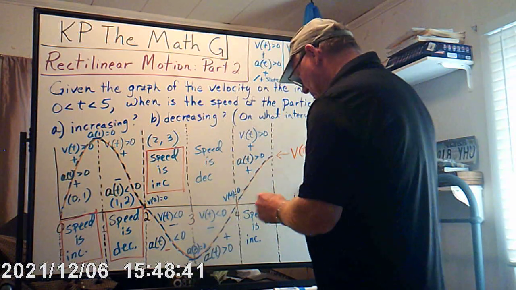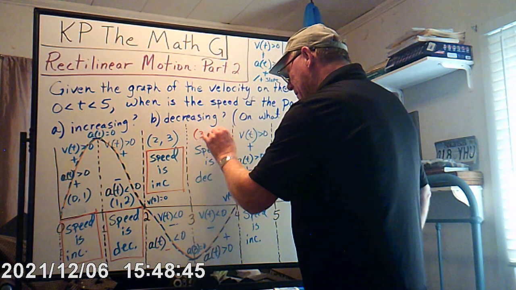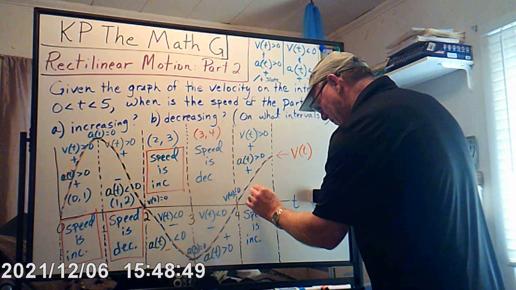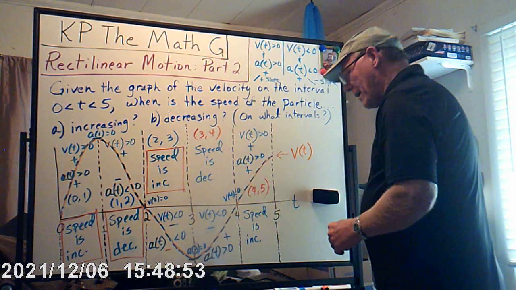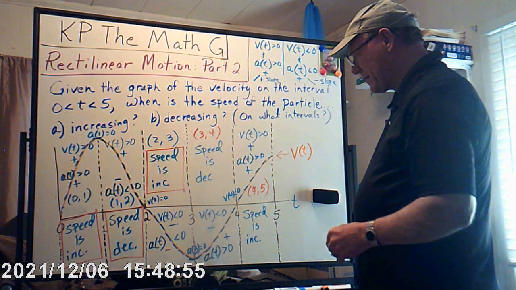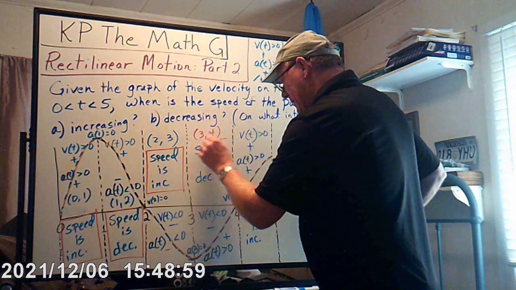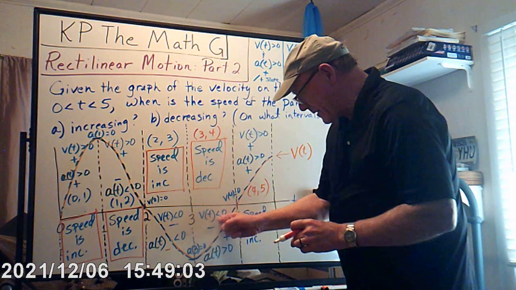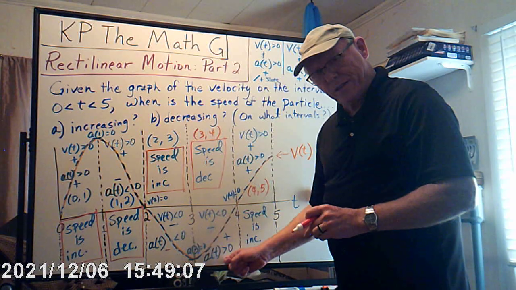I guess I should put an interval here between 3 and 4, and I should put an interval here between 4 and 5, like that. And then the speed is decreasing. What happened? Well, the velocity is negative and the acceleration is positive, isn't it?